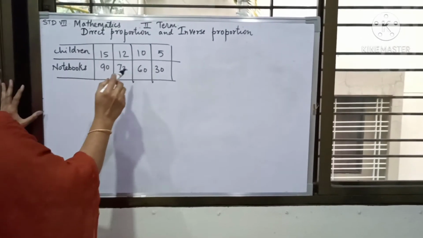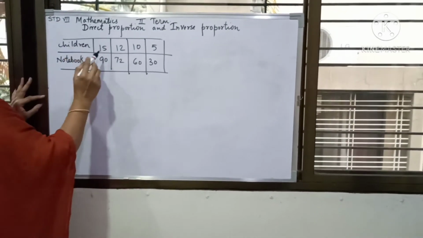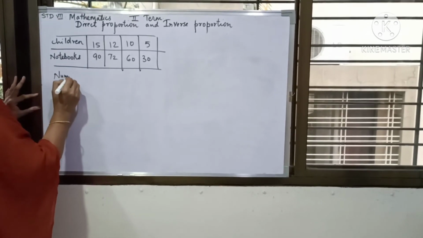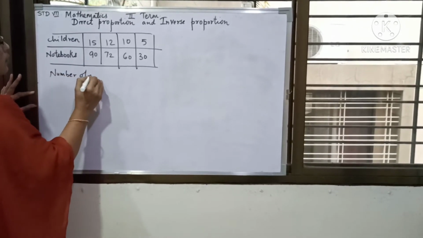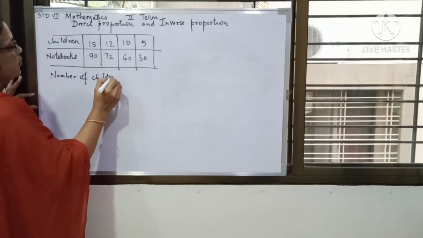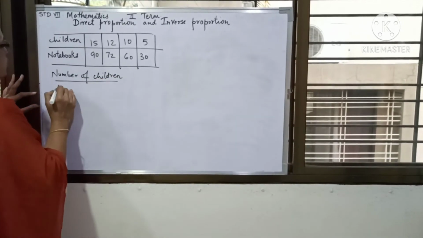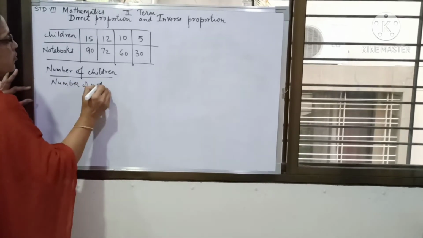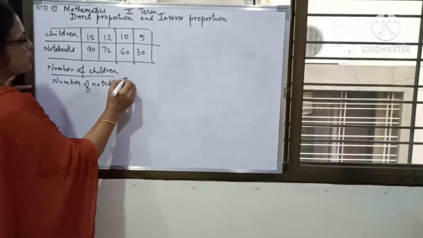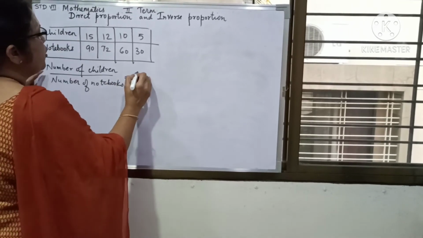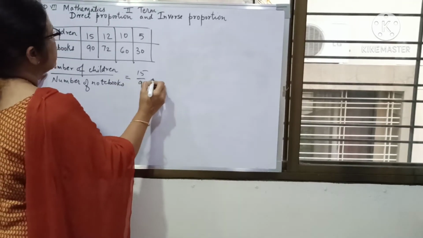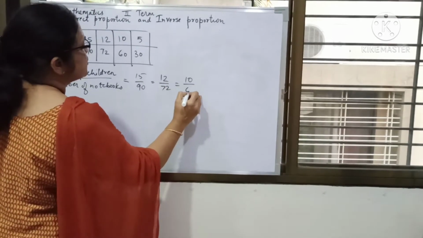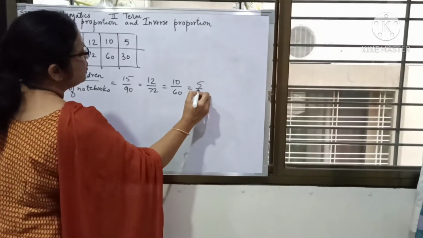Now, if you take the ratio of number of children to number of notebooks, we have 15 upon 90, then 12 upon 72, 10 upon 60 and 5 upon 30.